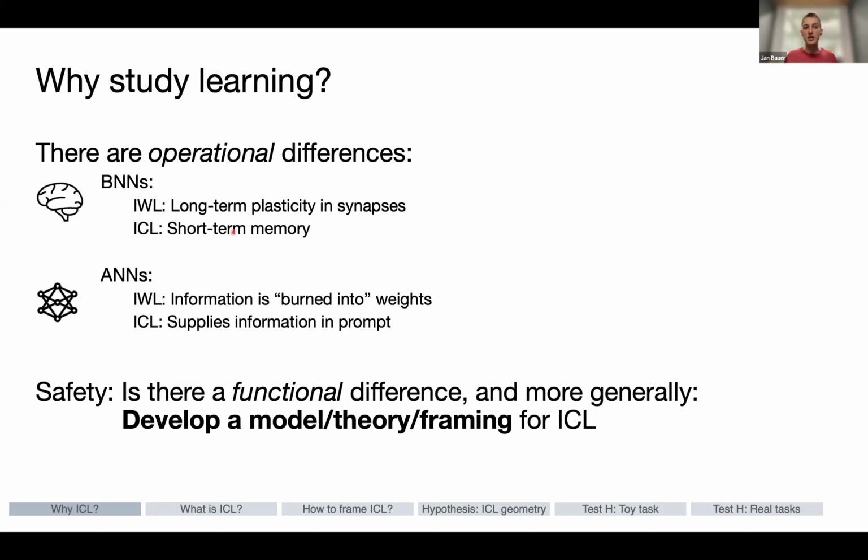This really culminated in a recent paper from Google, I think from this year, where they put in a dictionary of a new language called Kalamang. Within the same prompt, they put a query to translate an English sentence to that language.